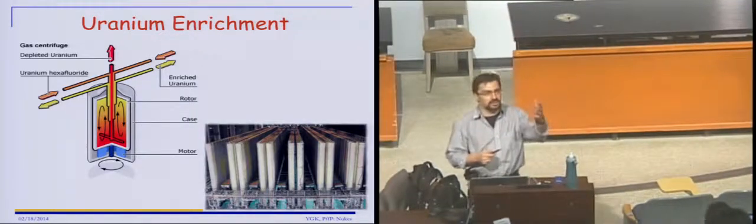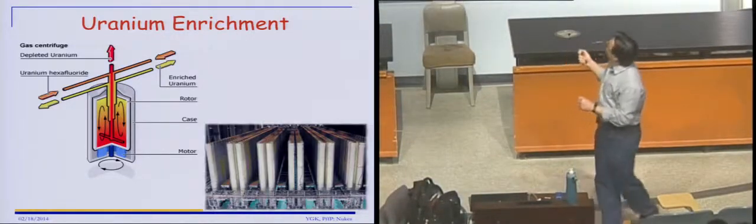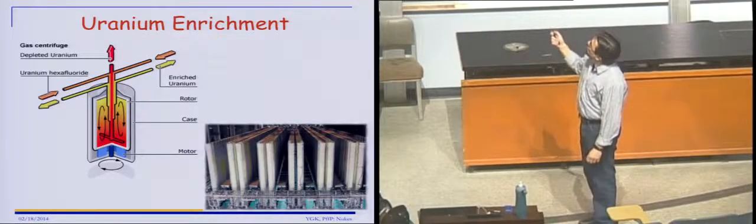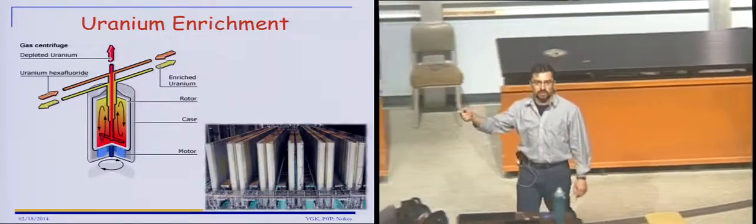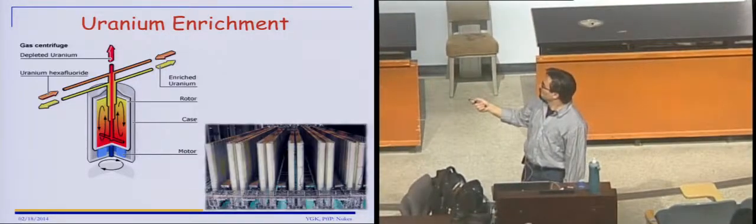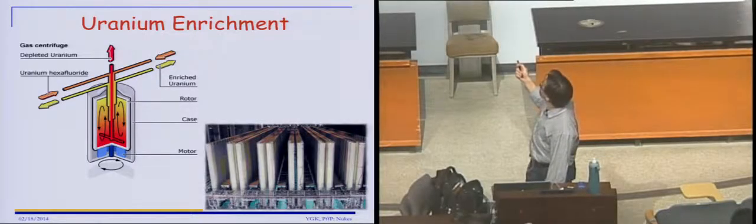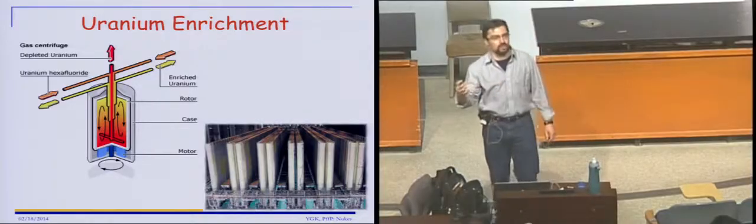It's yellow because that's what the uranium looks like. You convert it into a gas called uranium hexafluoride. It's uranium plus 6 atoms of fluorine. And so this gas will have most of it containing uranium-238.